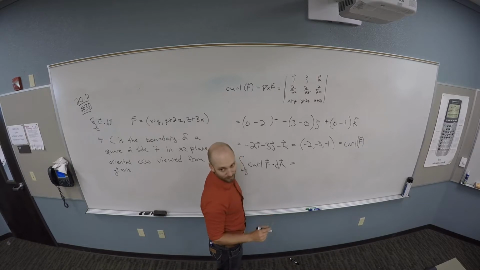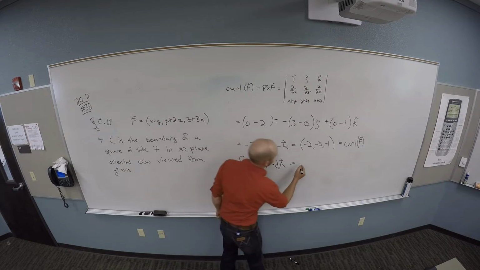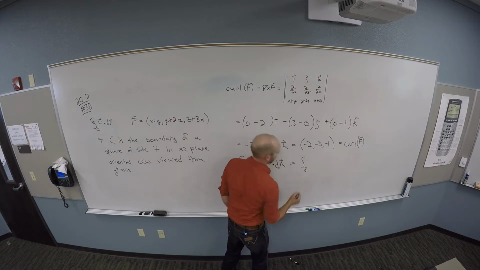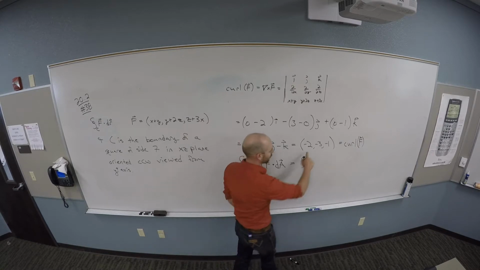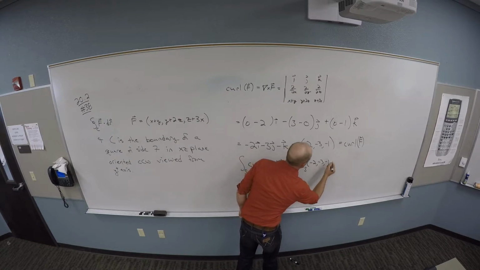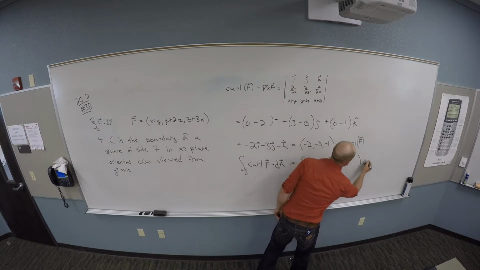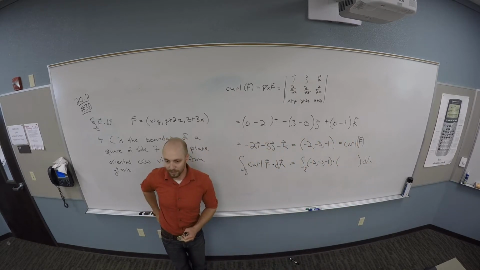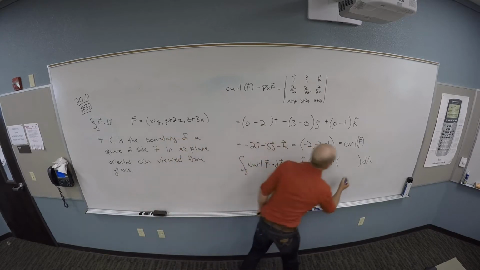Oh wait, no, this isn't a scalar curl. This curl is a vector, so I need to find some normal vector. Let me say I've got the integral over S of (-2, -3, -1), and I want to dot that with something and do dA, right? What's the something I need to dot with here? A unit normal.